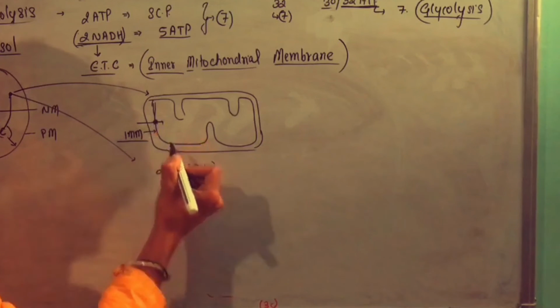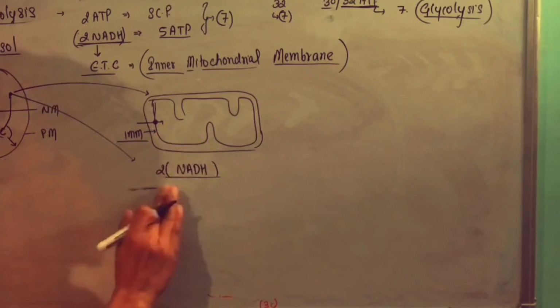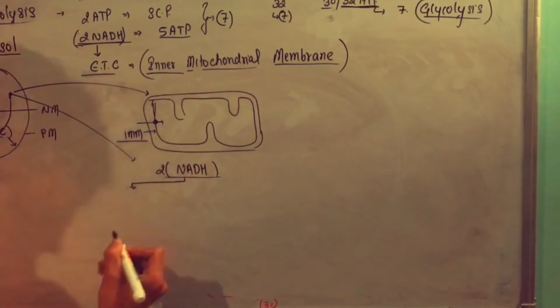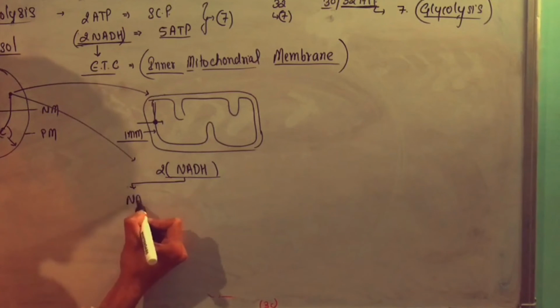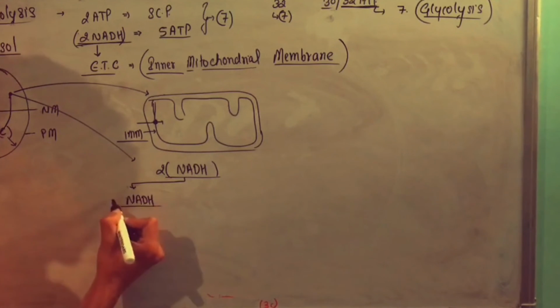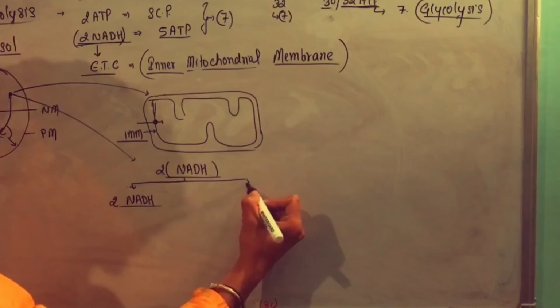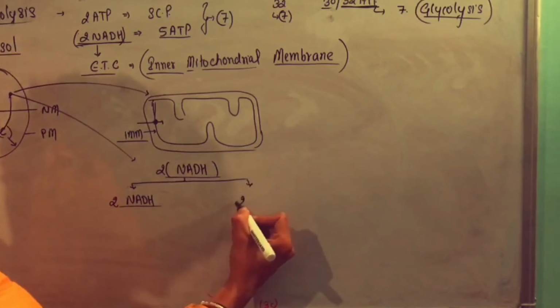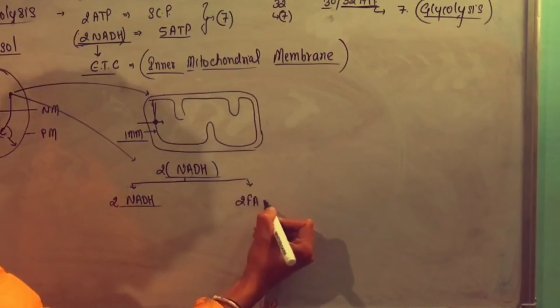These NADH move from the cytosol to the inner mitochondrial membrane, and they can be transported in the form of NADH or in the form of two molecules of FADH2.